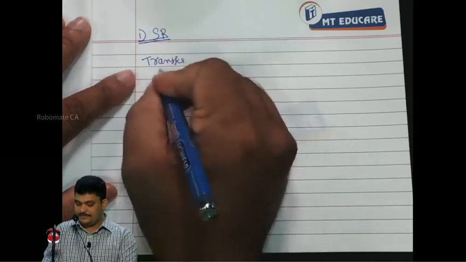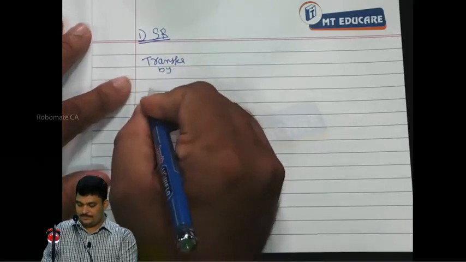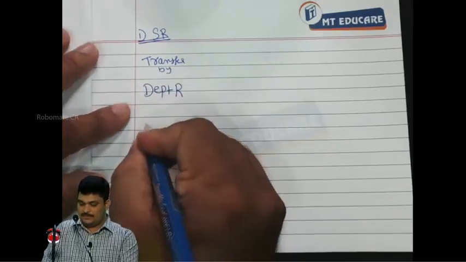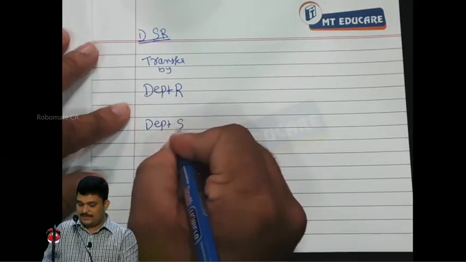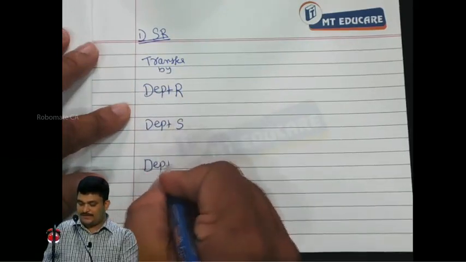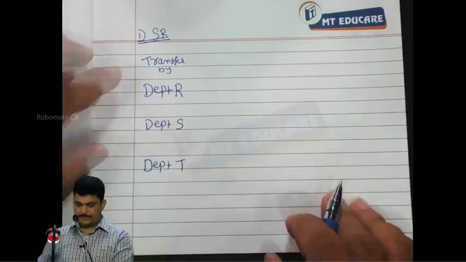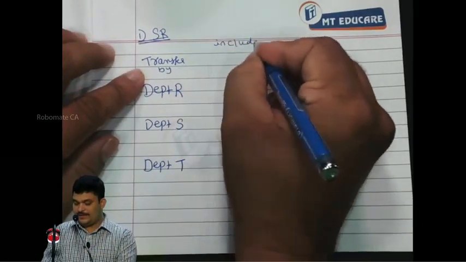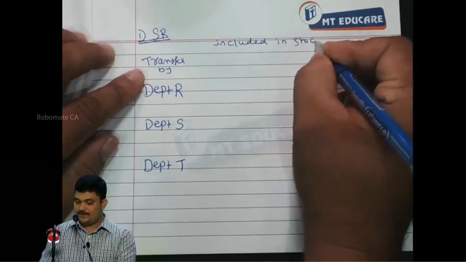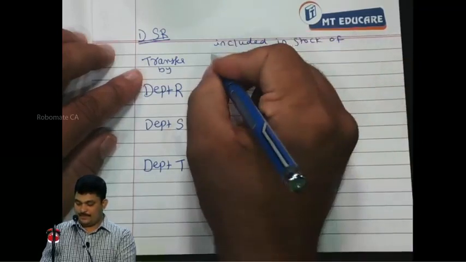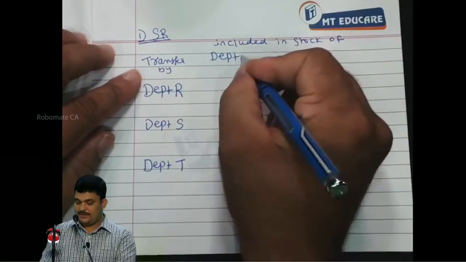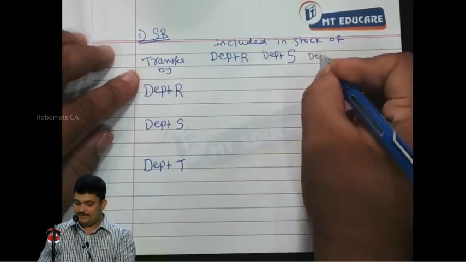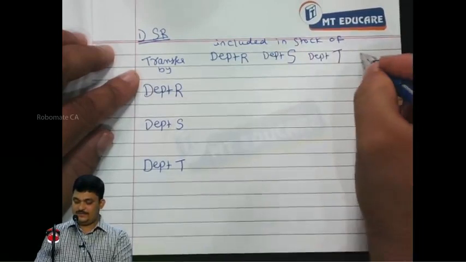Transfer by department R, department S, department T. Transfers by department are included in stock of department R, department S, department T. Total.